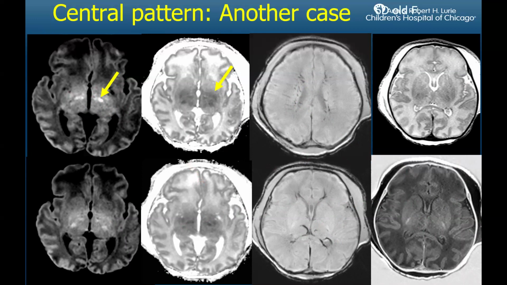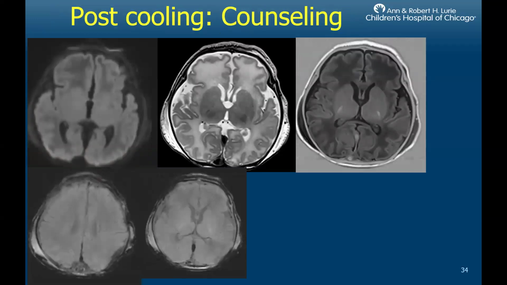So what does that mean for our clinicians? This is really important for our clinical colleagues because it gives them a framework to help them with their counseling for their family meeting. So with that severe category, that means it's more likely to be a more severe developmental outcome, especially with that deep gray pattern of injury.